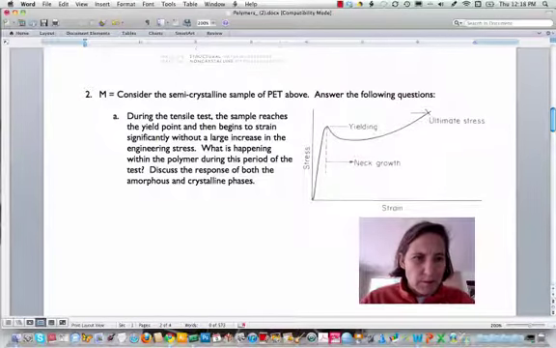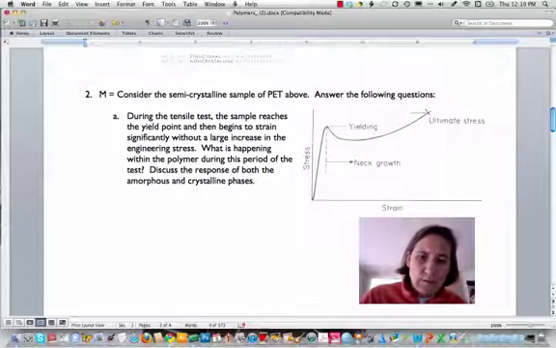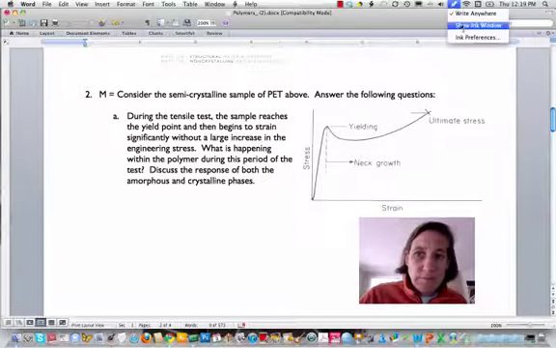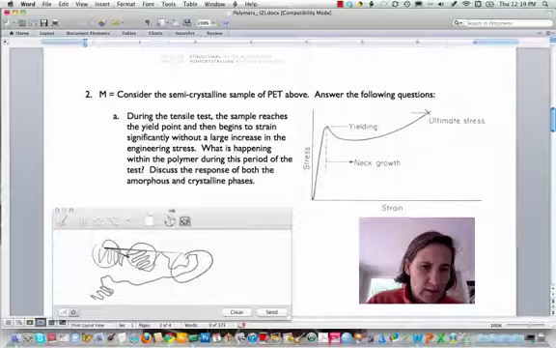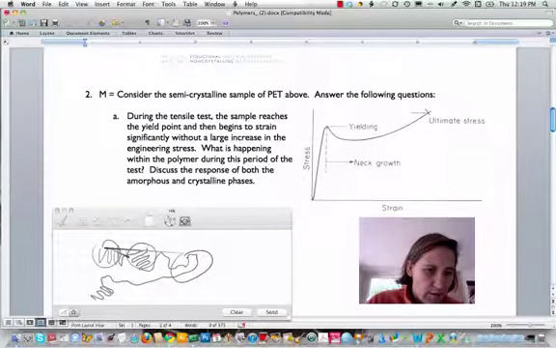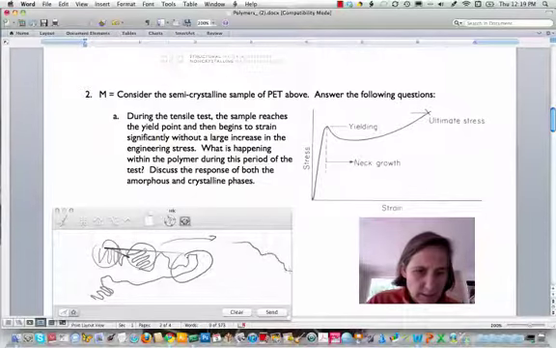The text of the problem says that the sample is actually semicrystalline PET. So not only are the molecules rotating along the intramolecular bonds, the covalent bonds inside the length of the chain, but they are also essentially unzipping. If we imagine that some of the regions inside the molecule are crystalline like this, we know that the rotation of the bonds inside this crystalline region is causing the molecule to essentially become extended.